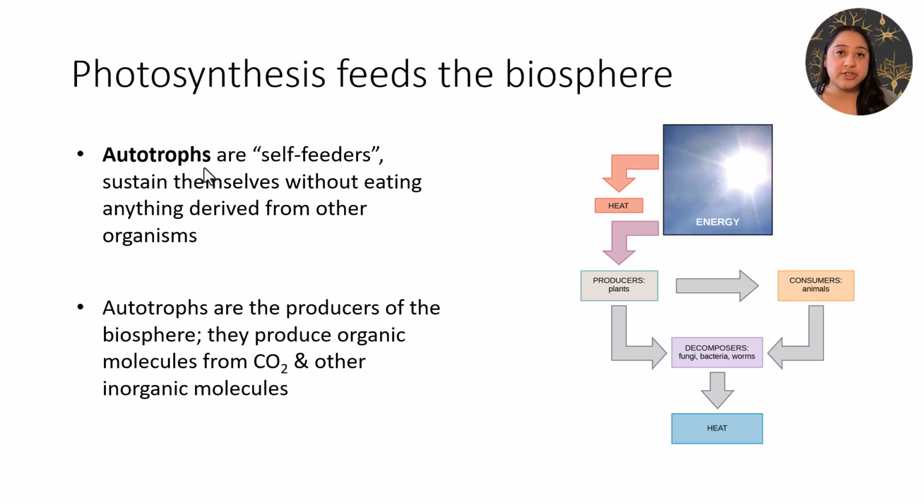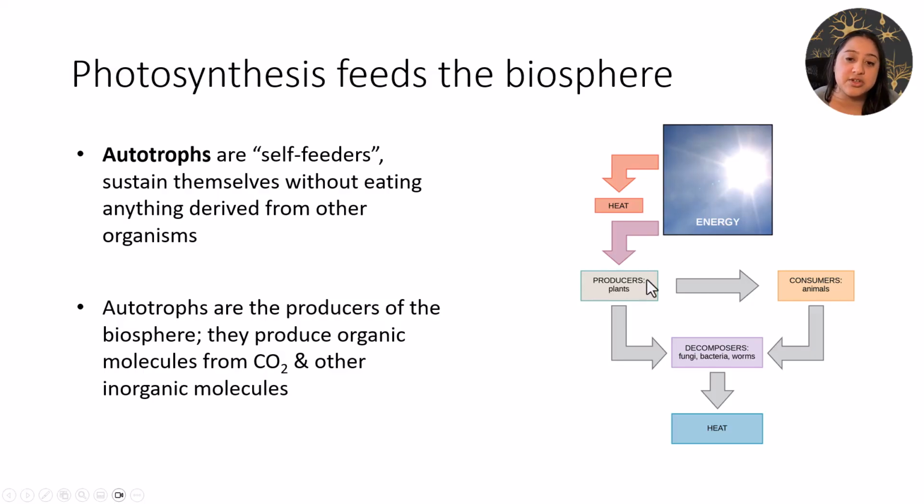We can also add other terms based on where they fall in an ecosystem and the energy in an ecosystem. Autotrophs in an ecosystem are the producers of the biosphere. They produce organic molecules from carbon dioxide and other inorganic molecules. This is a figure from the OpenStax book that I think shows this really well.